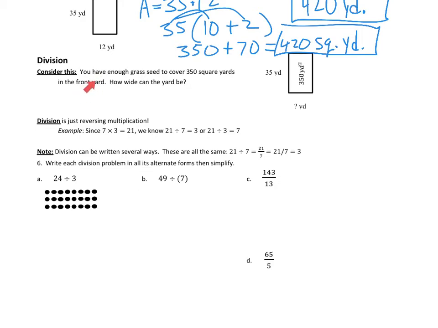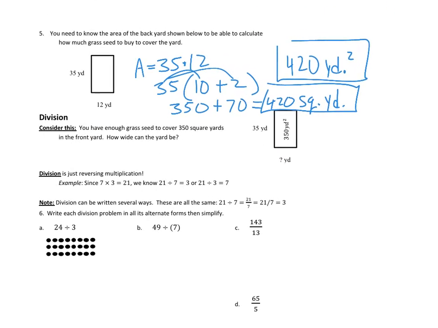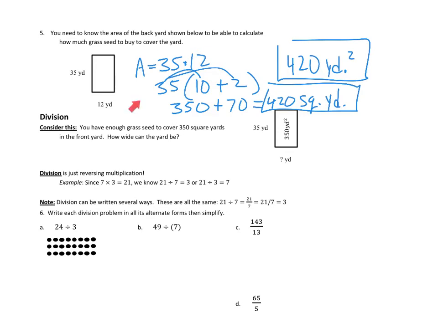Division says, all right, in the example we did in the first part, we had some grass that we needed to find the area of. Well, division says this: you have enough grass seed in a bag to cover 350 square yards in your front yard. So you could go 35 by what?